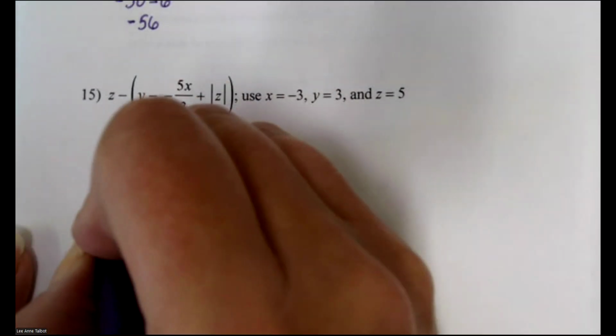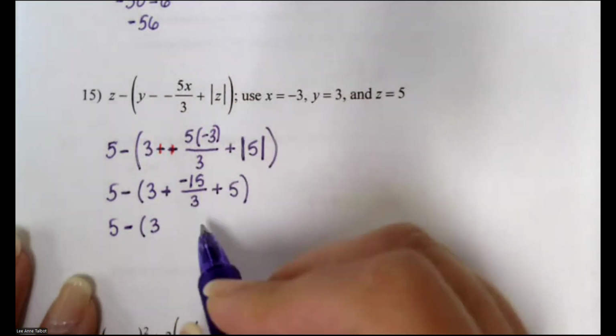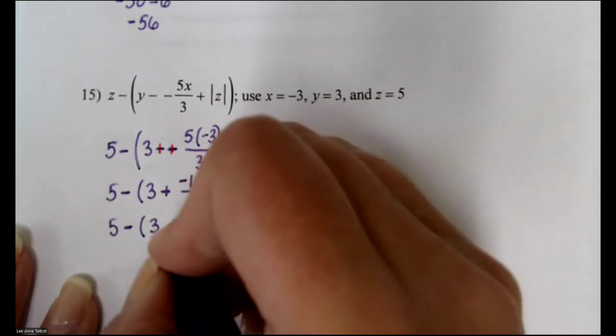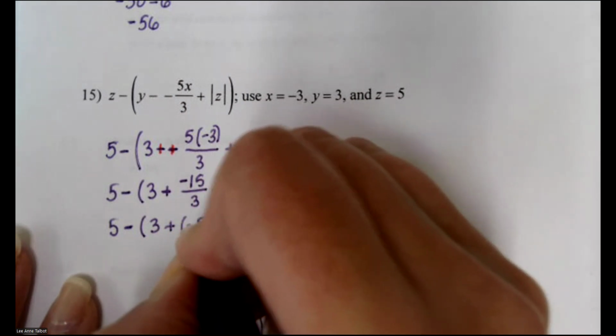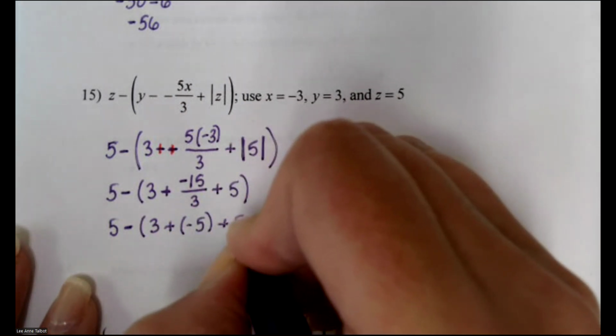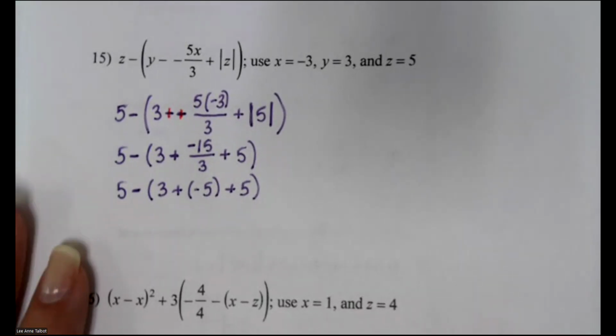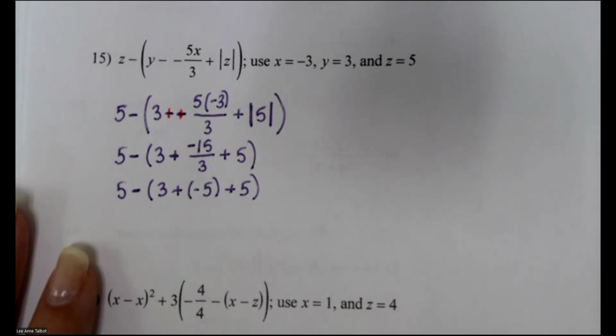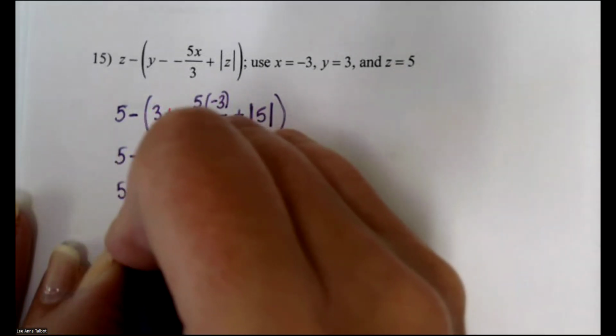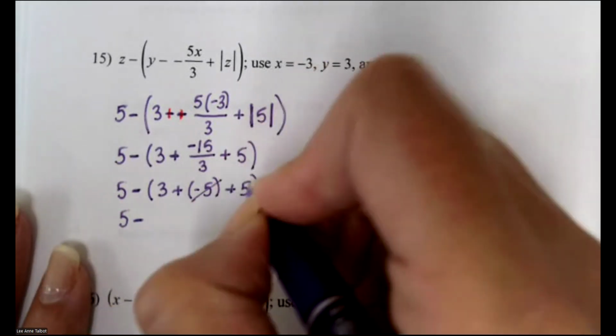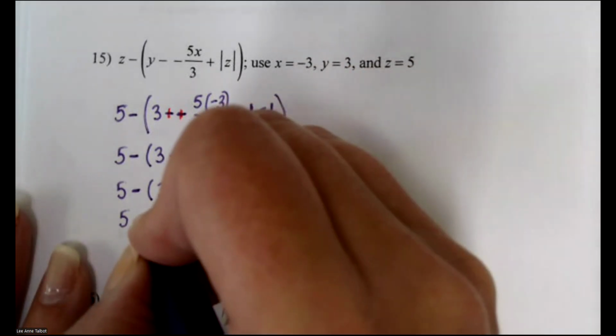Okay, now I'm going to do 5 minus 3. Okay, now this is, you can make this plus negative 5. These two cancel each other out.